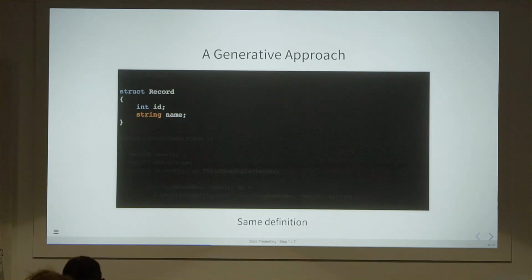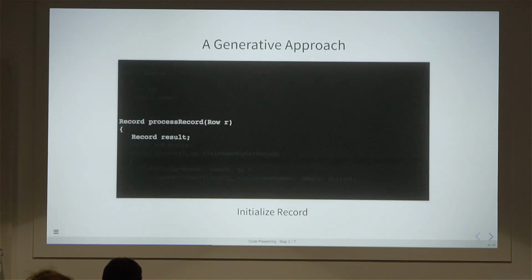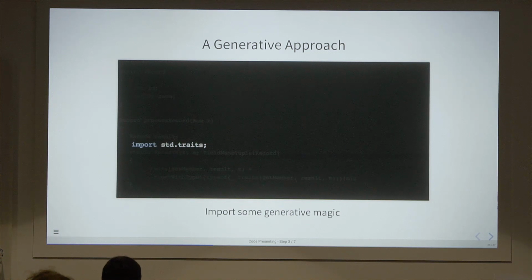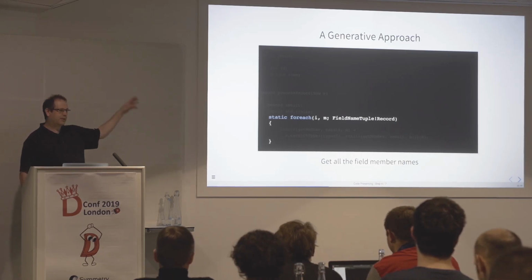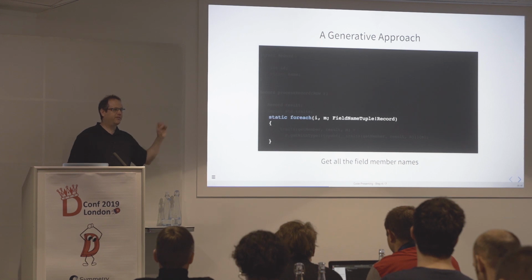So in our generative function, we have a record, same thing, we declare the result. Now we import std.traits so we can get some information. And what we get is a field name tuple, which is the names of all the fields in that struct.